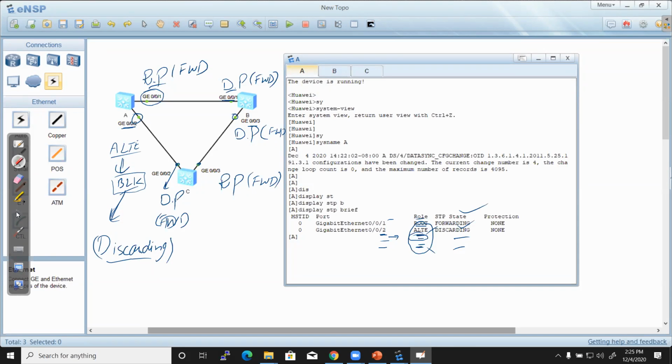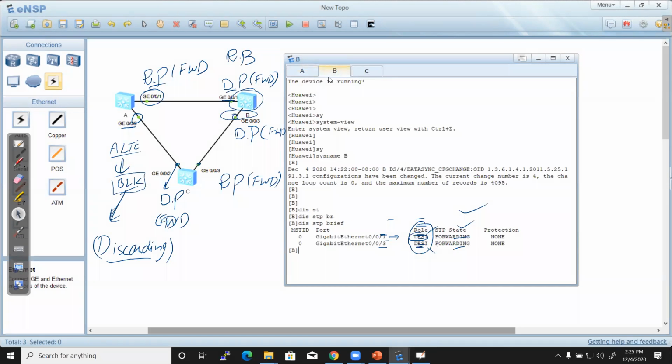And you will see this switch B will be acting as the root bridge. So let me show you. Display stp.